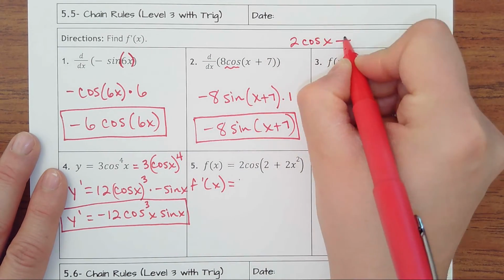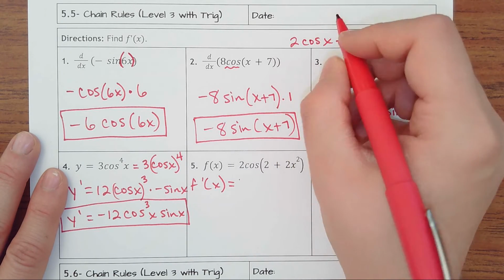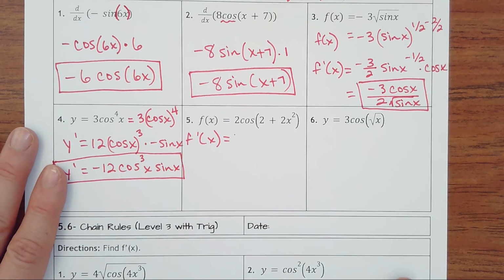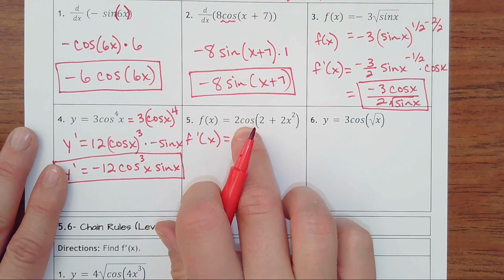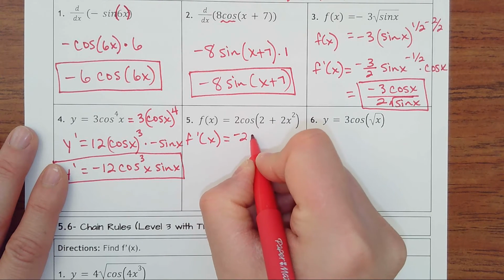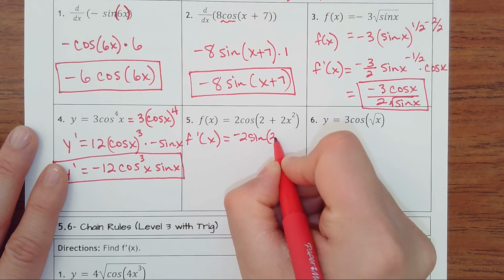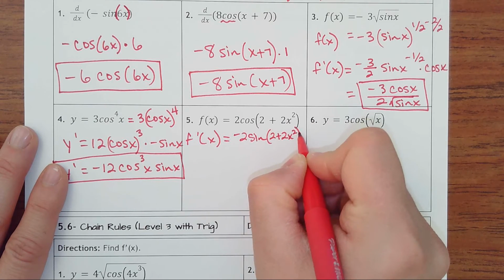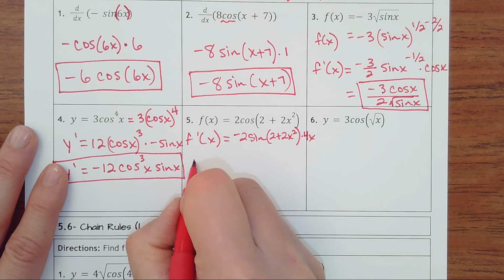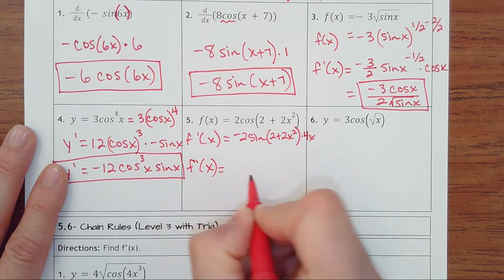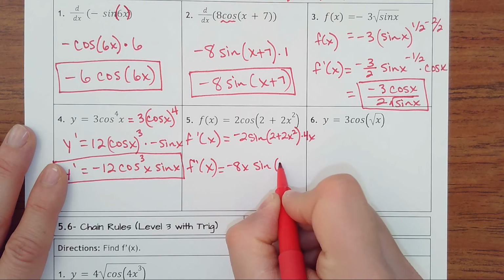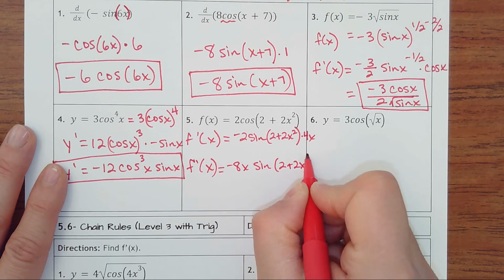And so usually the derivative would just be turning that into negative sine, negative 2 sine of x. So yeah, I was overthinking this one. So 2 times the derivative of cosine is negative sine, so we'll have negative 2 sine of, keep the inside the same, times the derivative of the inside, which would be 4x. So our derivative is negative 2 times 4x, which is negative 8x sine of 2 plus 2x squared.